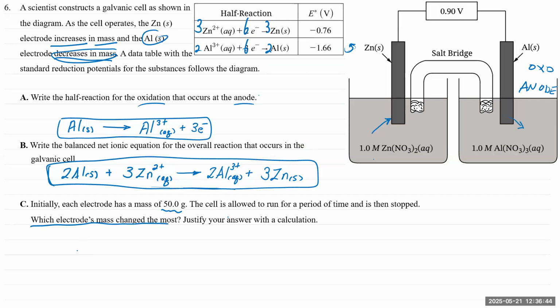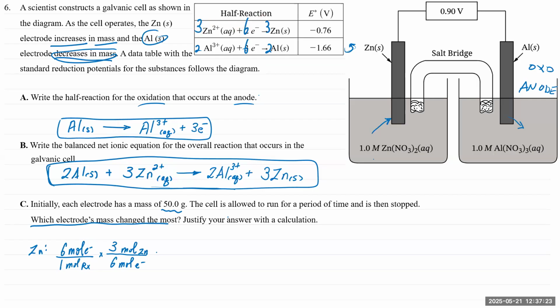So now we're going to start with the zinc electrode. Let's say we put through 6 moles of electrons per 1 mole of reaction. In the reaction stoichiometry, 6 moles of electrons exchange hands for 3 moles of zinc, and that's right up here, a 3-to-6 ratio.